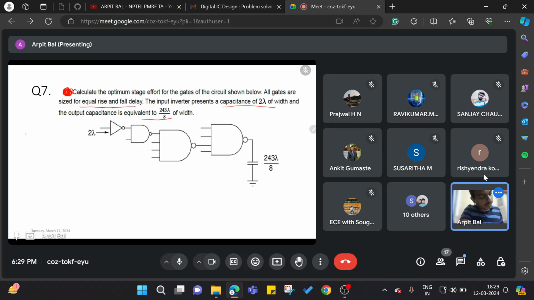We need to calculate F opt, that is (GH) to the power 1 by n. Let me call these I1, I2, I3, I4.